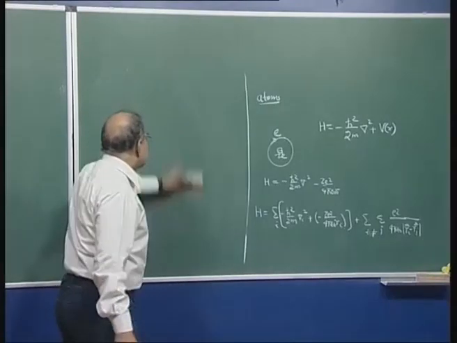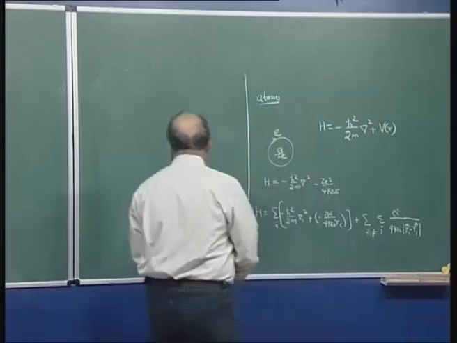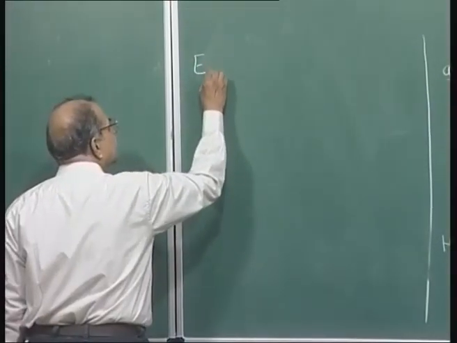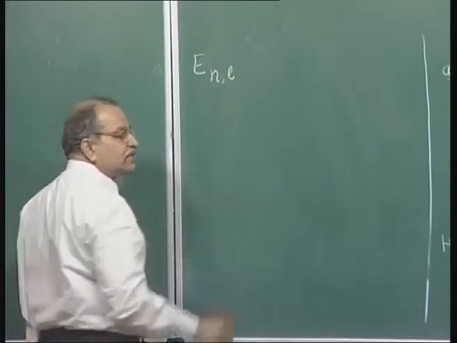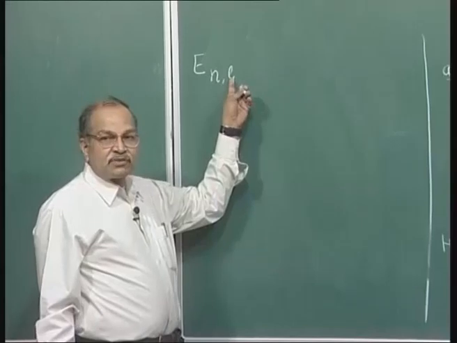If it is a central potential and not a Coulombic potential, you will have energy depending on two parameters: n, the principal quantum number, and L, the orbital angular momentum quantum number.